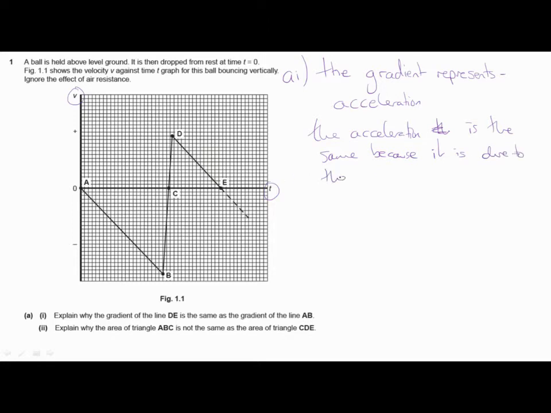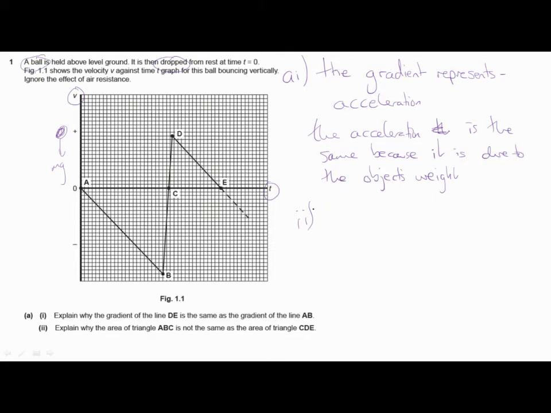It's because it's due to the object's weight, right? Because it's a ball and it's dropped, so the ball is being accelerated by gravity, and the weight is the force acting on it.